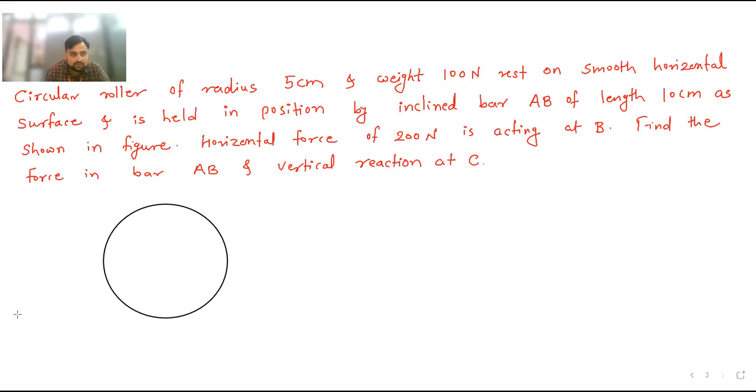This is the surface on which it is resting. Then what they have told us, radius is 5 centimeter, weight is 100 Newton. Then in the numerical here, point B is given at the center. So this is the central point. It is nothing but your point B.